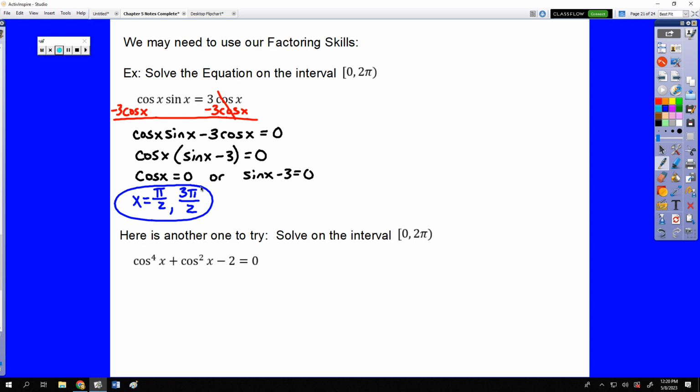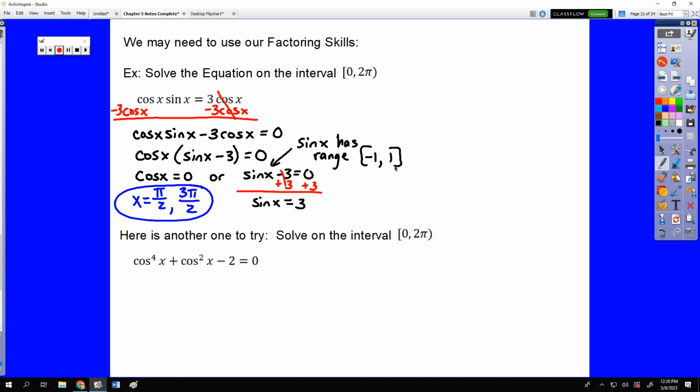And then for the other equation, we're not quite done solving for sine yet. We move that 3 to the other side, and we get the sine of x equal to 3. Well, 3 is not in the range of sine of x. Remember from our graphing time that we know sine of x's range goes from -1 to +1.